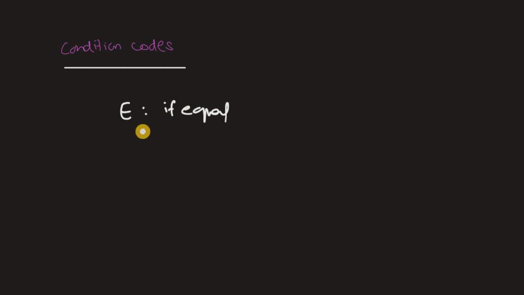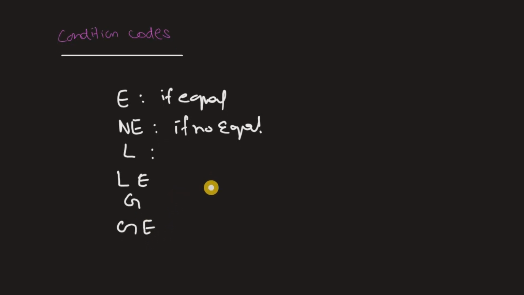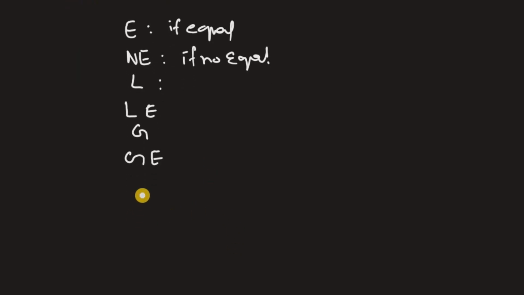It could be NE, which means if not equal, and L, less than, or equal to, greater than or equal to. With this in mind, we can use branches and jumps with condition codes.